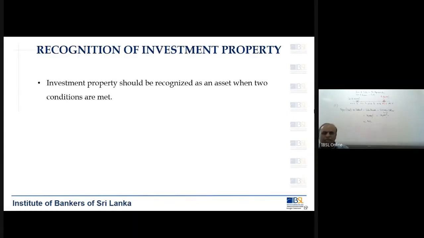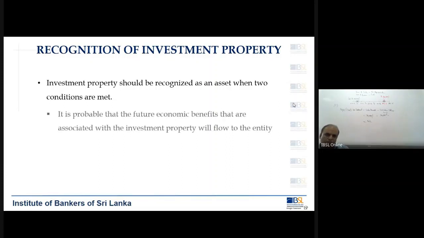Like in LKS 16, the recognition of the cost involved, or what you pay, here also it is the same thing. Investment property should be recognized as an asset when two conditions are met. You already know what the two conditions are.